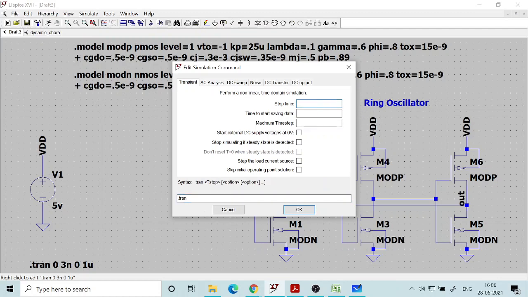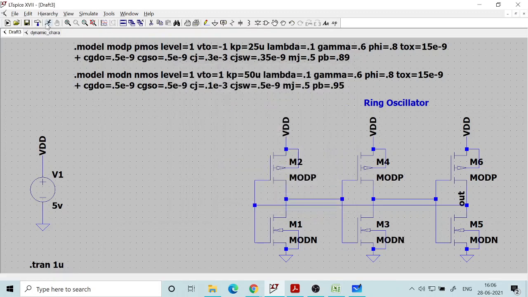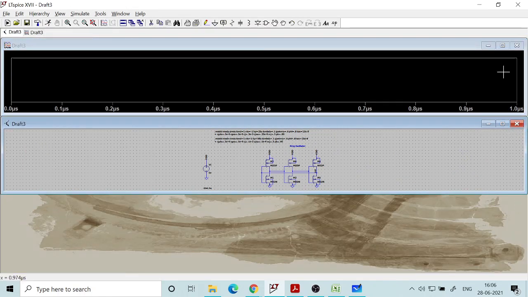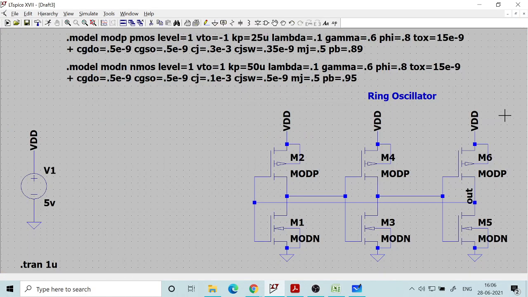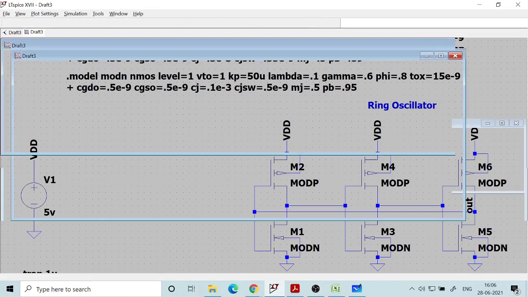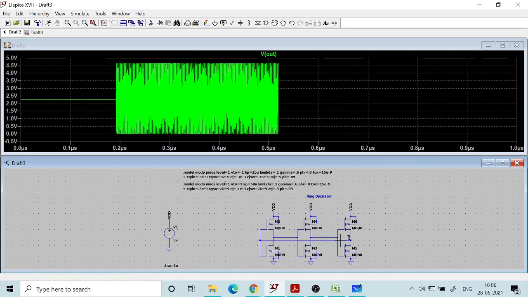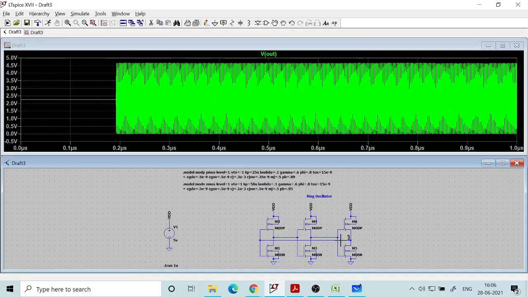Stop time, I am putting 1 micro. So this one I have to close. Let me just take this point. Okay, so this is the output. I have made it run for 1 microsecond.